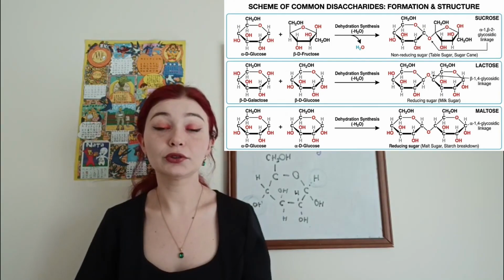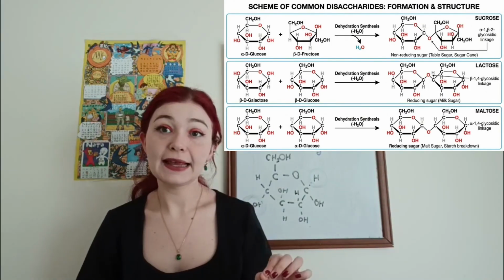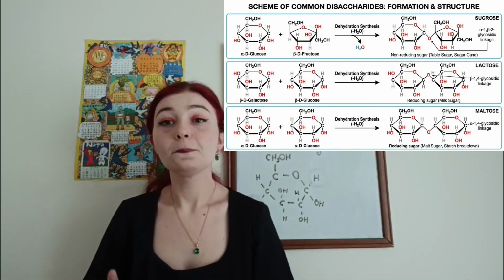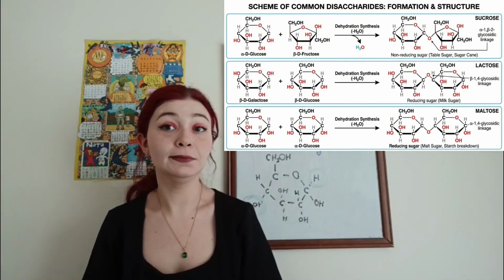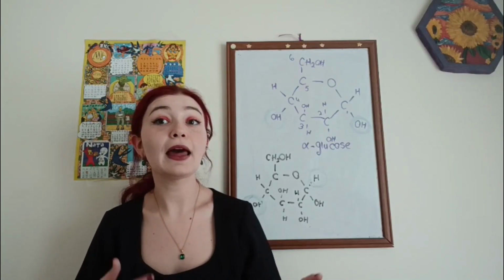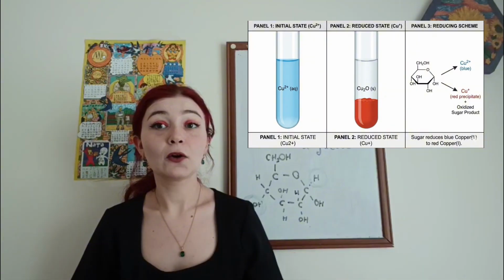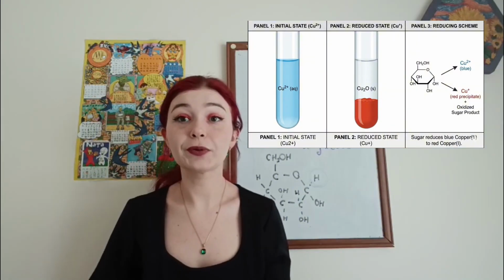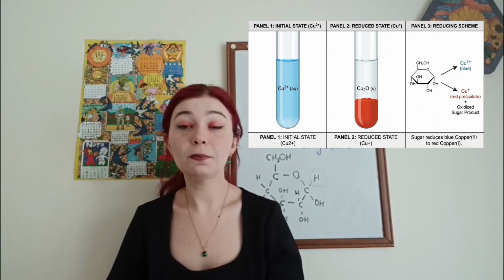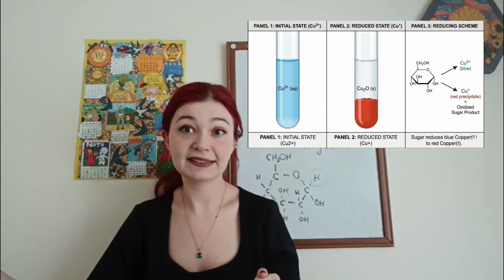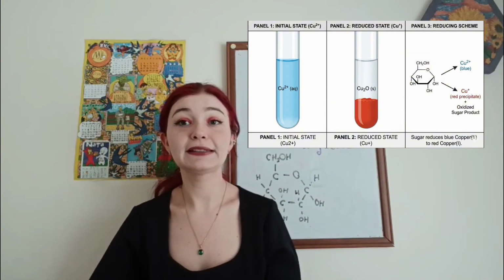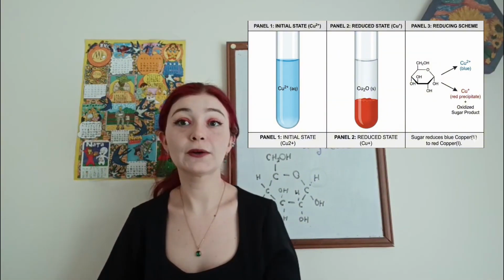The first sugar is locked, but the second sugar's anomeric carbon is totally free because it can still open up. It can donate electrons to oxidizing agents like copper ions. If you put cupric ions in a test tube with maltose, the sugar reduces the copper to cuprous ions. We call this a reducing sugar, and this is how we historically tested for diabetes in urine.